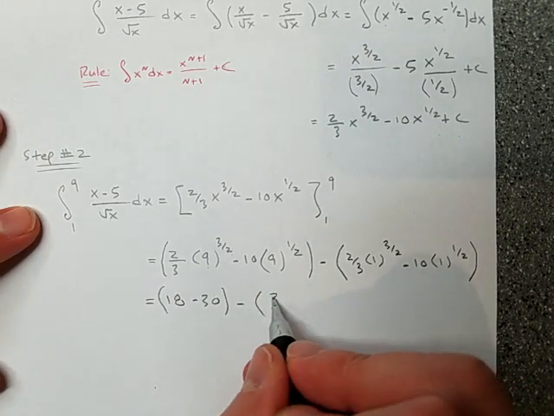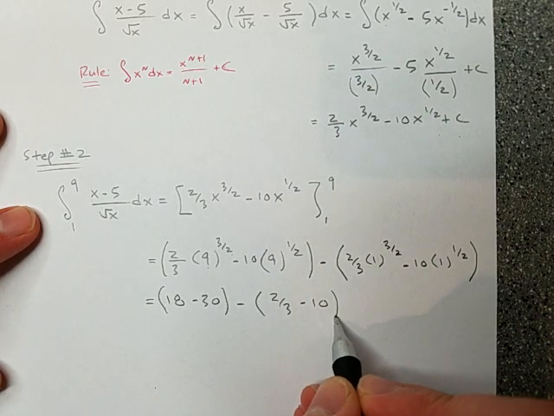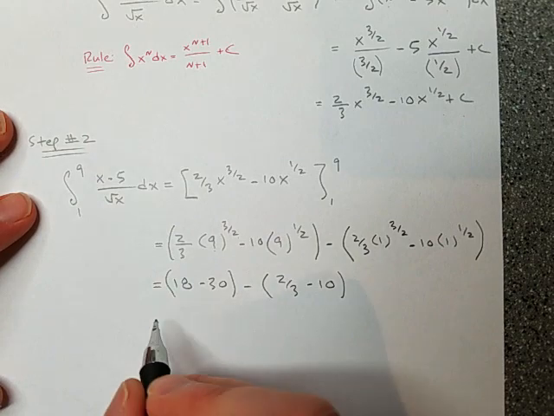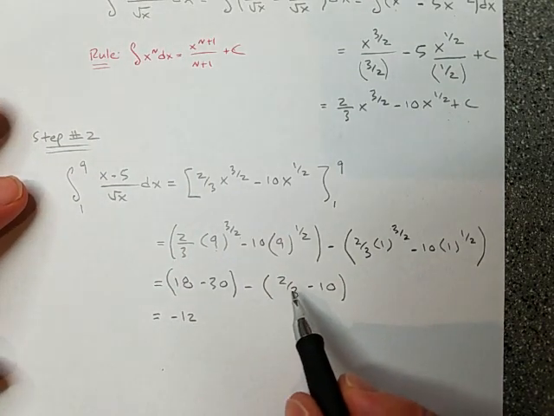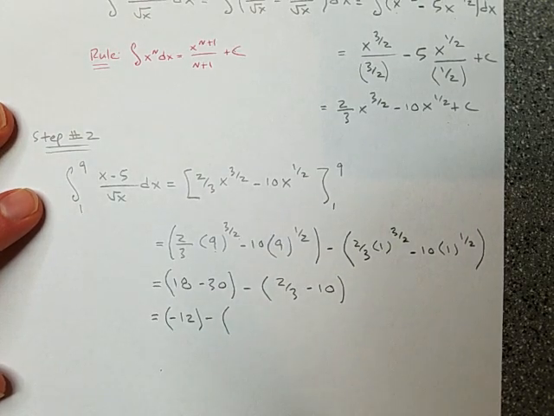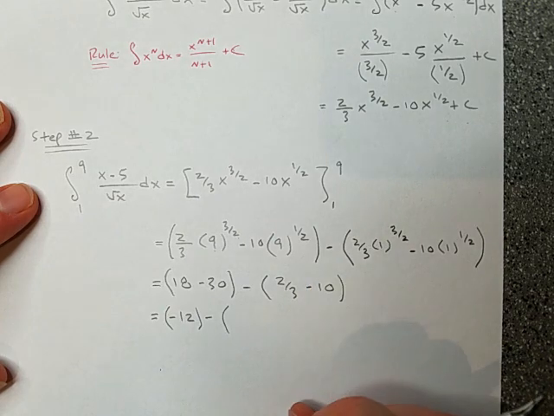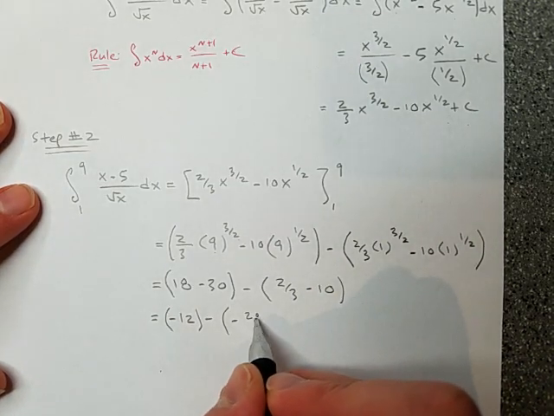So that's 2/3, and then minus 10. All right, so the first part is going to be negative 12. And then negative 2/3 minus 10. Negative 2/3 minus 30/3. So that's negative 28/3.